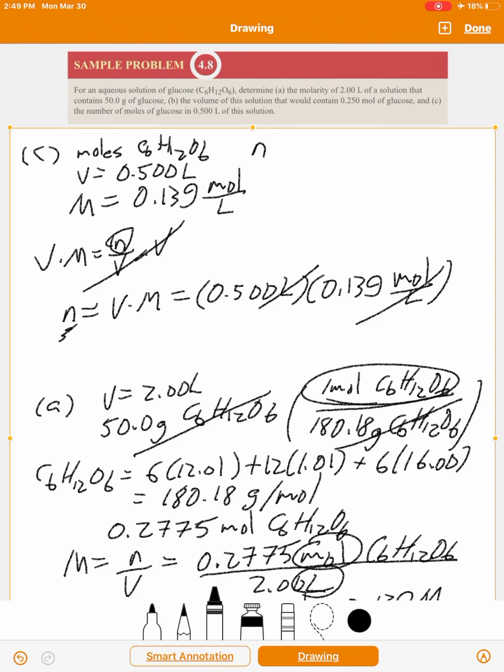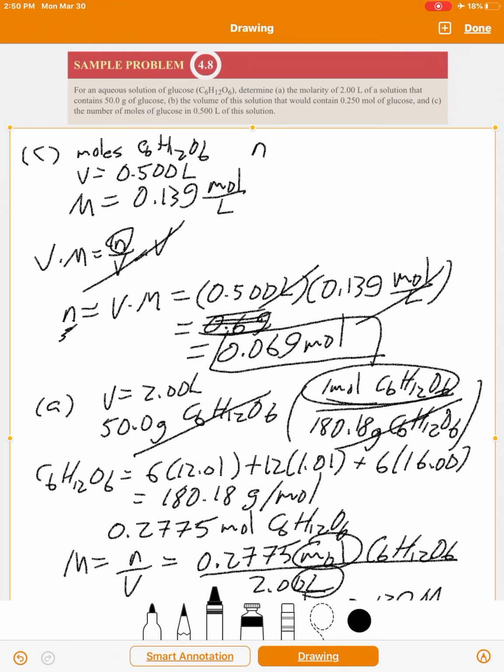Multiplying by 0.5 is the same as dividing by 2. So 1.39 divided by 2 is 0.69. Looks like it's 0.69 moles. Oops, 0.069. That's the number of moles of glucose in 0.5 liters of the solution.